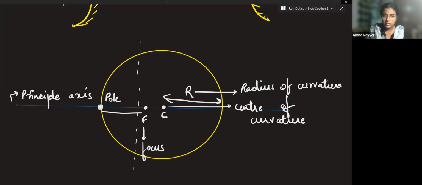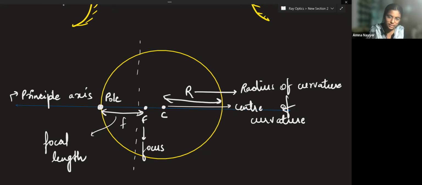Now the distance of the focus from the pole, the separation between pole and focus, is known as the focal length. Got it? Focal length, radius of curvature. This complete length was the radius of curvature. This is just the focal length.